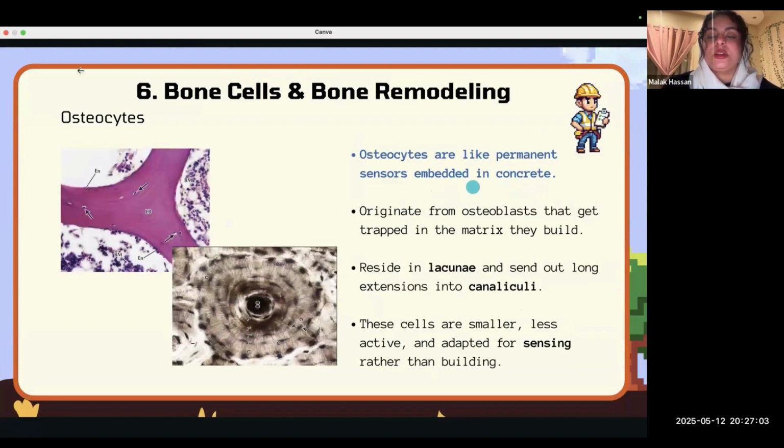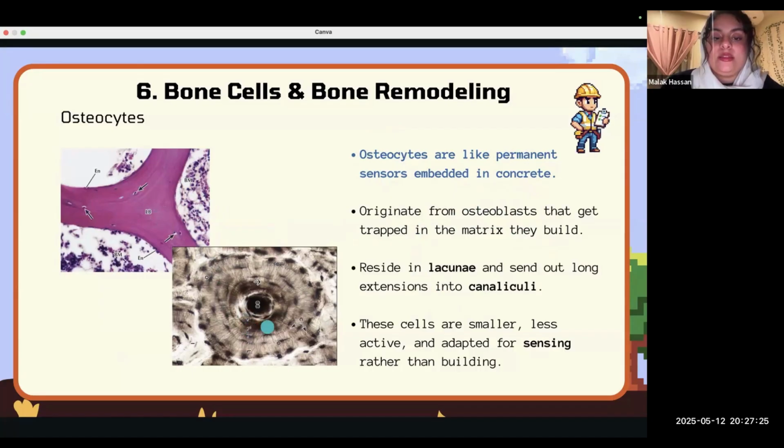Now let's talk about osteocytes. We talked about osteoblasts, now let's move on to osteocytes. What are osteocytes? They come from osteoblasts that get trapped in the matrix. They act as permanent sensors that are embedded in the concrete of the bone, right? They reside in lacunae.